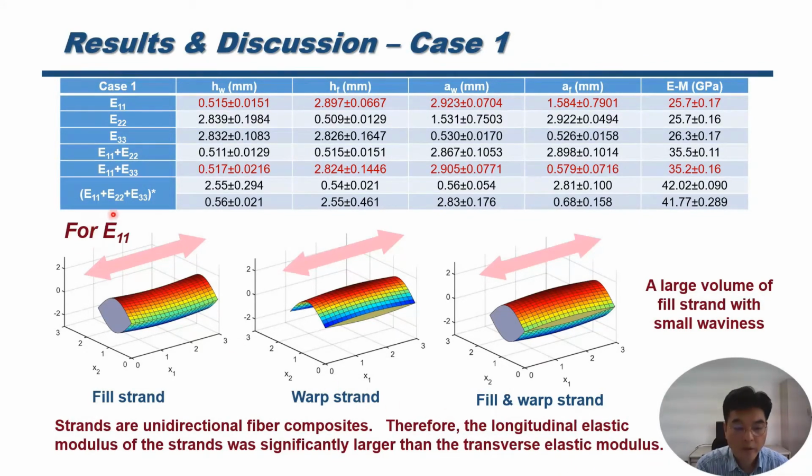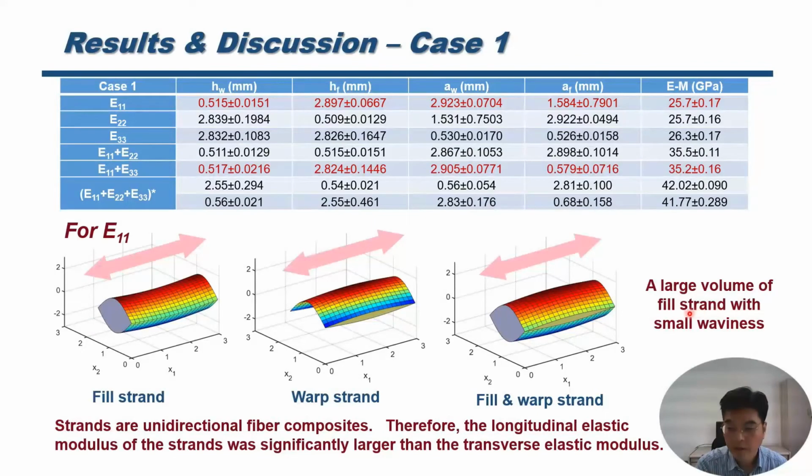For E11, the direction of E11 is along the x1 axis, so this direction. To improve this direction, you better have large volumes of fill strand, because the fibers of a fill strand are aligned along this direction. So it's better to have large volumes of fill strand.